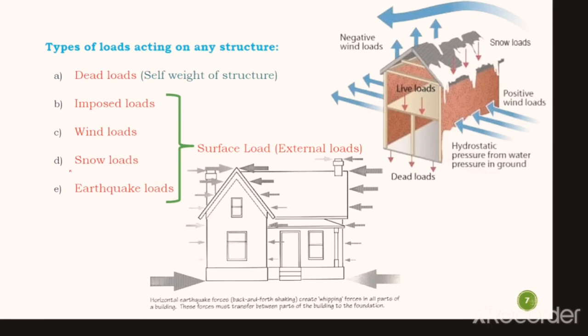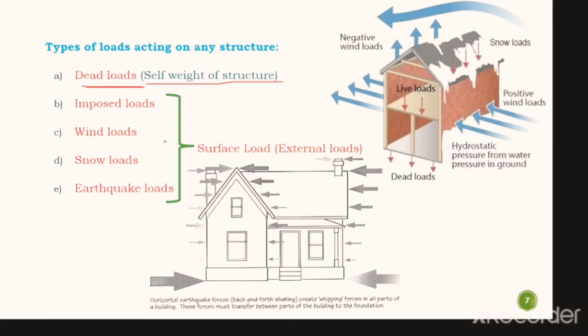So dead load is nothing but the gravitational force exerted on a body or the weight of a body. Just remember that. Self weight of structure. Here, a structure can be a building, a bridge, or a big tower. From a civil engineering point of view, this dead load is nothing but the self weight of a structure, the self weight of your house, right?